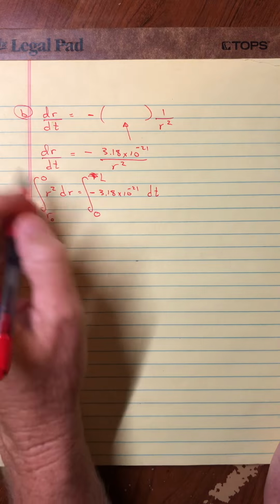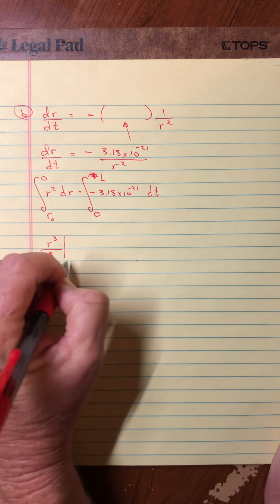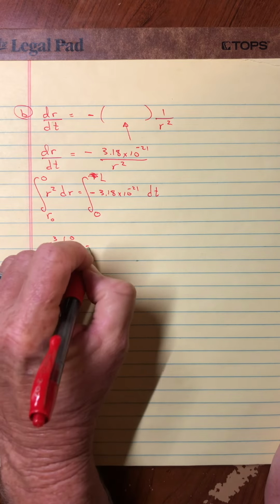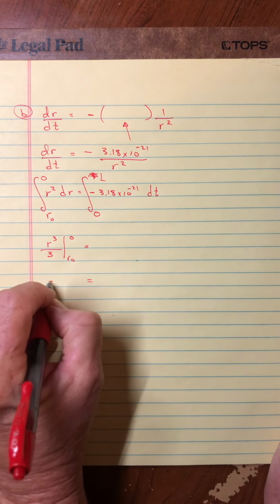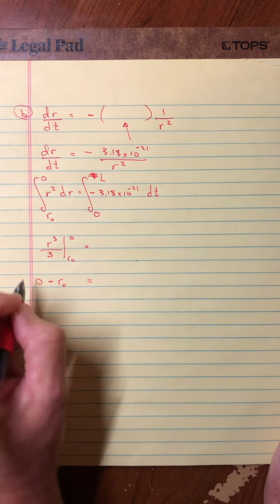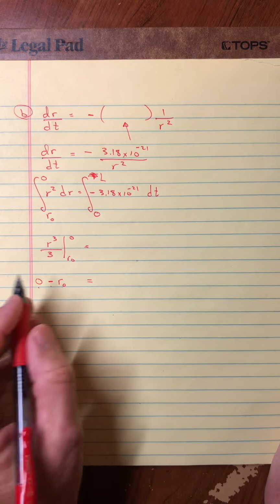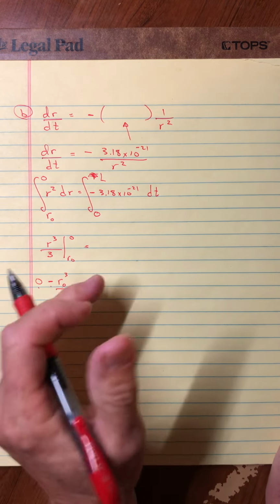Okay, so this side of the equation is pretty easy. This is just r cubed over 3 evaluated from r naught to 0, which would be 0 minus r naught cubed over 3. So that's the left-hand side of the equation.